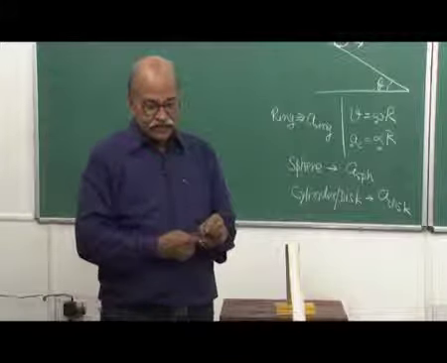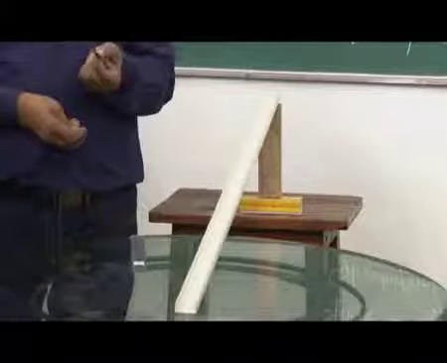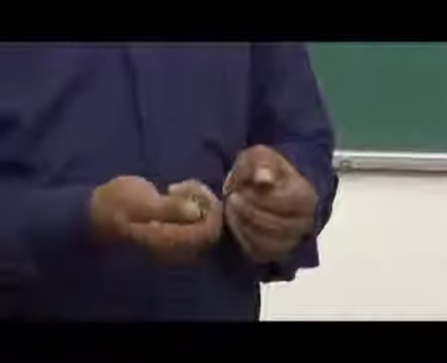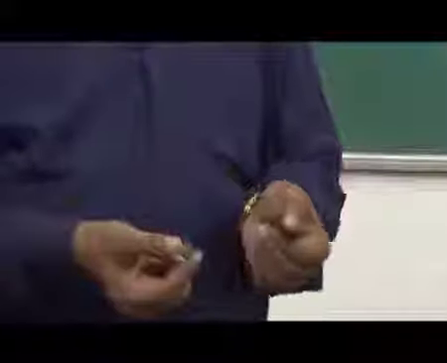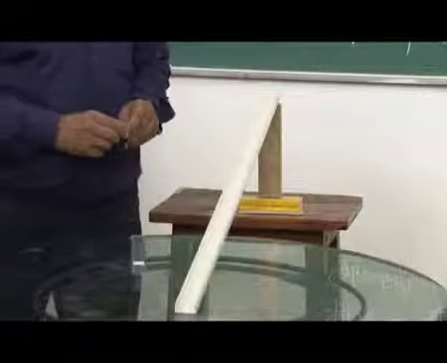One is this cylindrical or disc type object, a carom coin. And the other is this kancha, this glass ball, that you are also familiar with. So the idea is to compare the time these two take when they are rolling on this inclined plane.